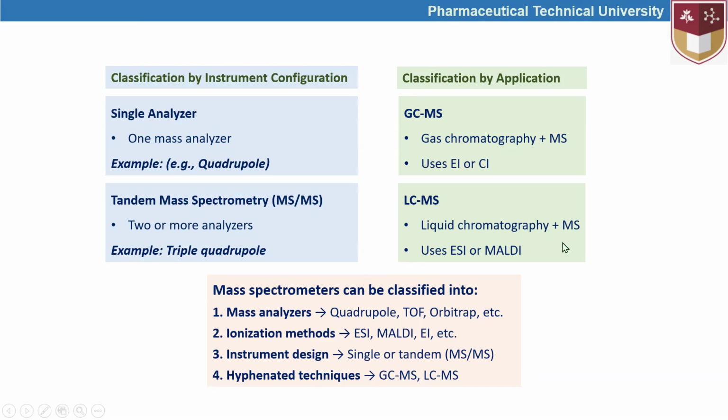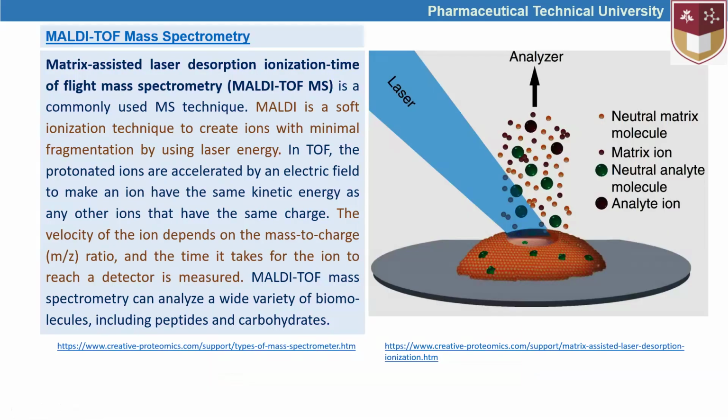And now we are going to see more about the hybrid types of mass spectrometers. The first one is MALDI-TOF.